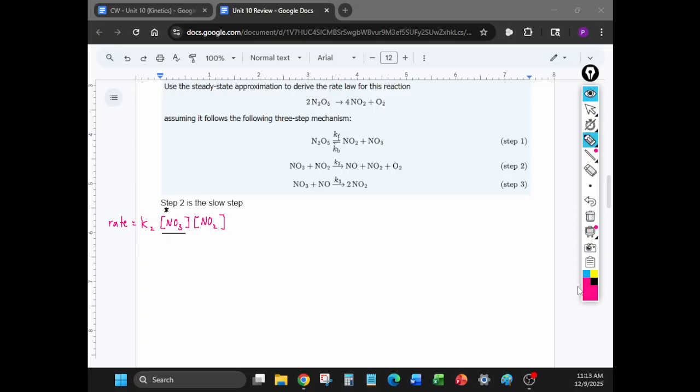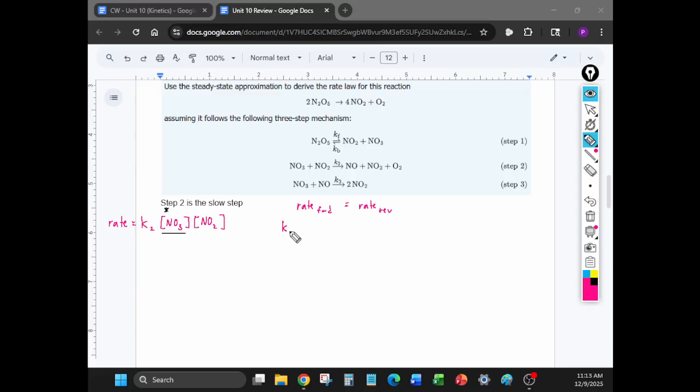So we're going to look at the previous step before, the equilibrium step, to do what we did with the steady state. So the rate forward is equal to the rate reverse. And we are going to expand this equation out.